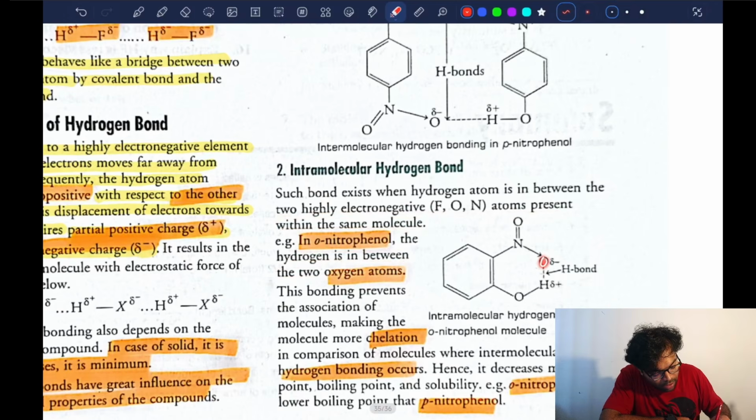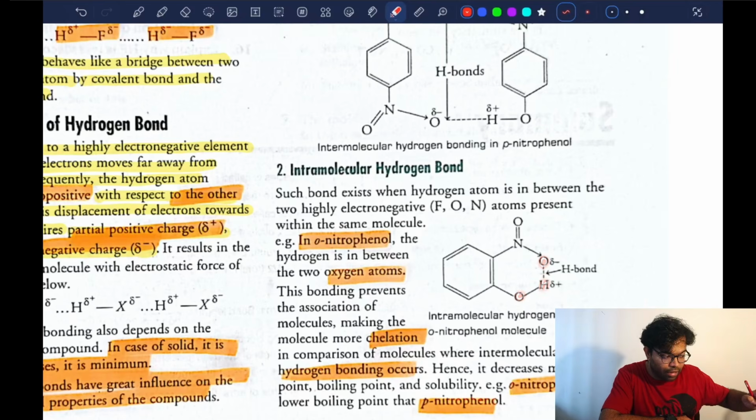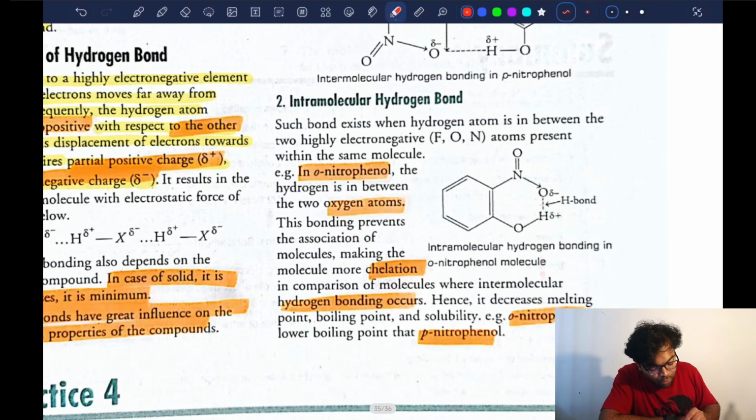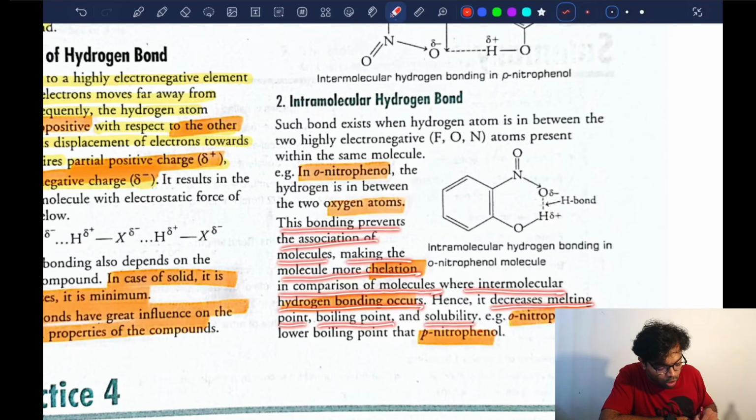So this is one oxygen here, one oxygen here. Instead of forming a hydrogen bond with a molecule next to it, it is forming a bond with itself. Therefore, this bonding prevents the association of molecules, making the molecule more chelating in comparison to molecules where intermolecular hydrogen bonding occurs. Hence, it decreases the melting point, boiling point, and solubility.